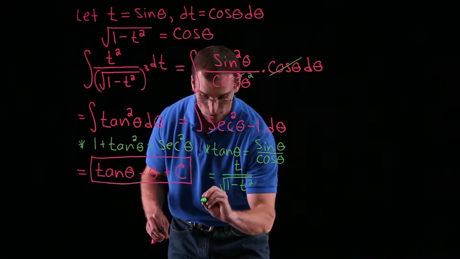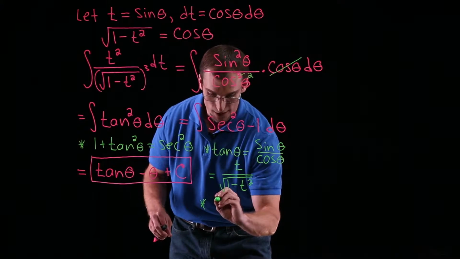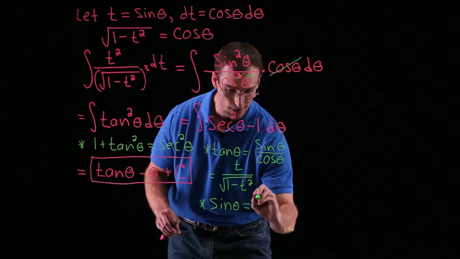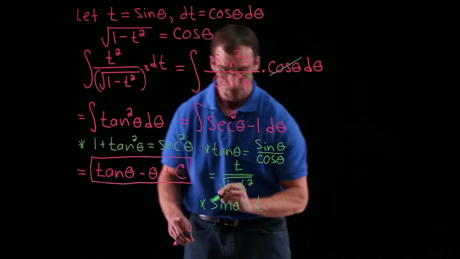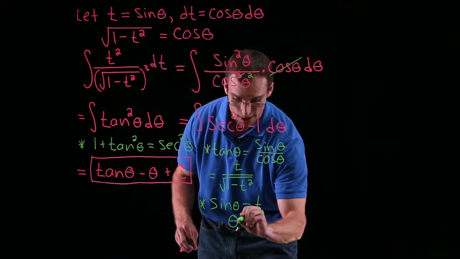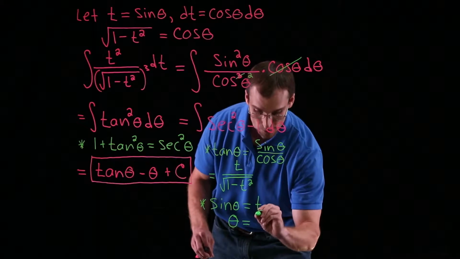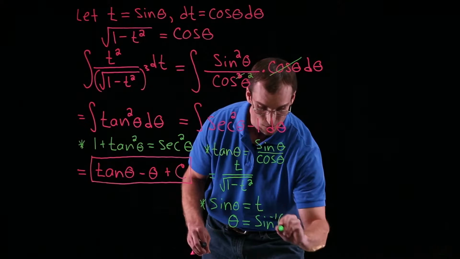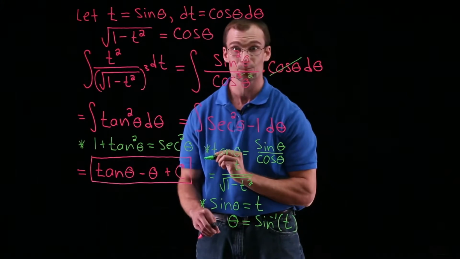And what about theta? Well, once again, we know that t is equal to sine theta, or sine theta is equal to t. And so taking sine inverse of both sides would solve for theta. So theta would be equal to arc sine, if you prefer, or sine inverse of t.